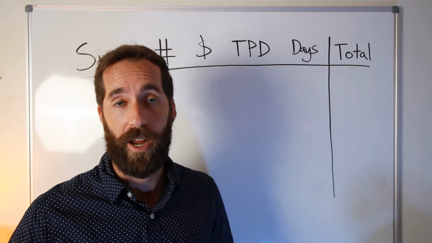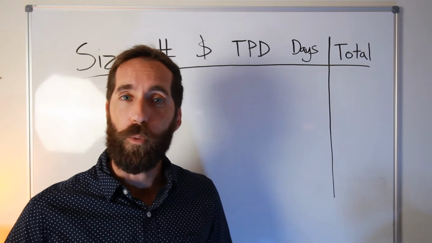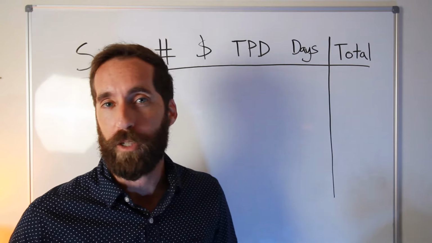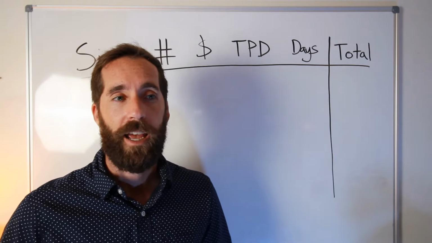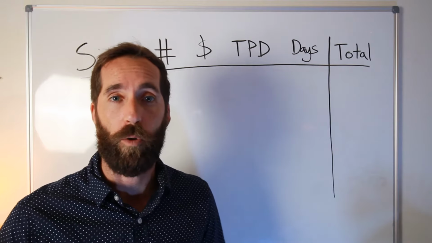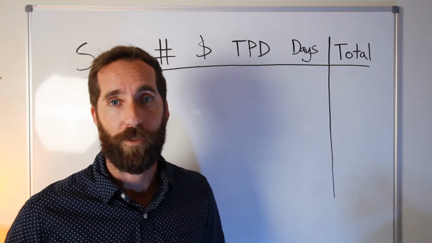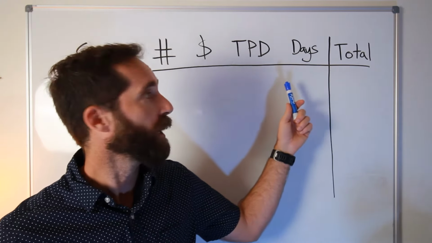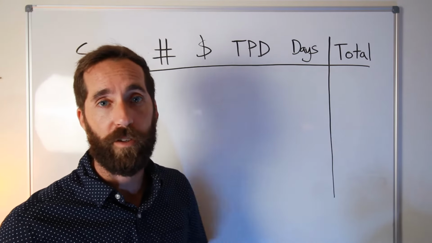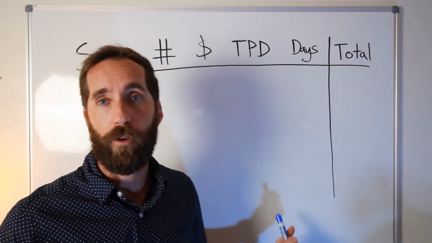But I find that 3 is a pretty good number to use. It's right around what the average laundromat does, and it gives you a good idea of how much money that laundromat either could bring in or should be bringing in now. So 3 is what we're going to use for all of them, and you can change that up. You can use different ones for different size machines, but we're going to use 3 for all of them.